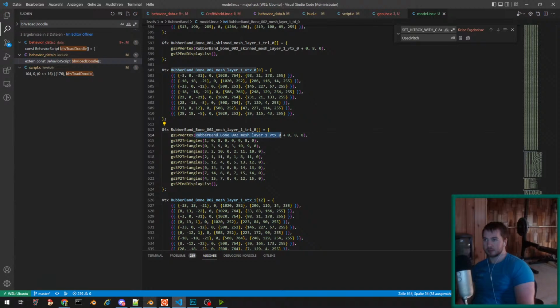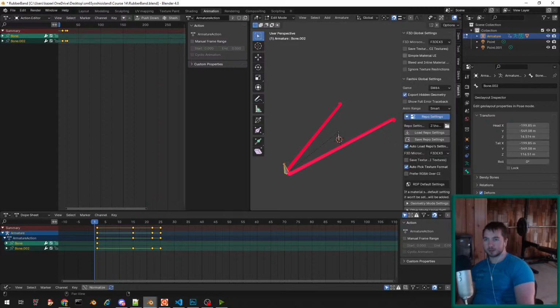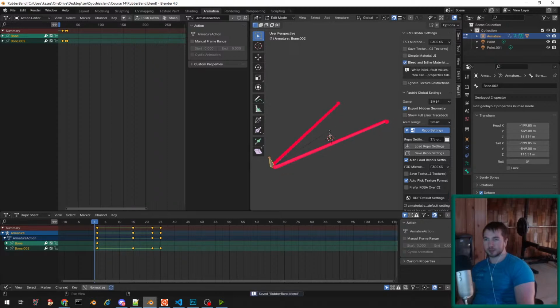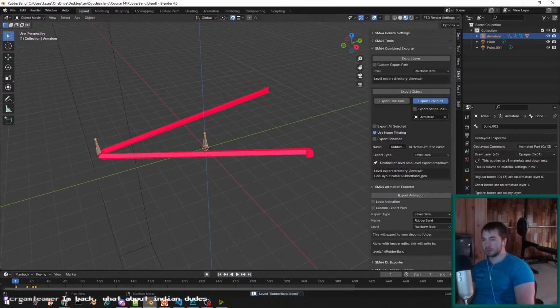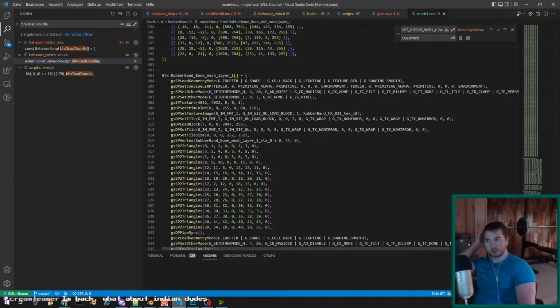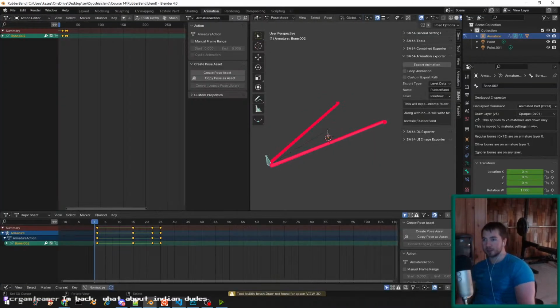They're all around zero. Also, I really shouldn't forget this. Bleed and inlay materials, please. Surely it actually does start at animation frame 1, right?